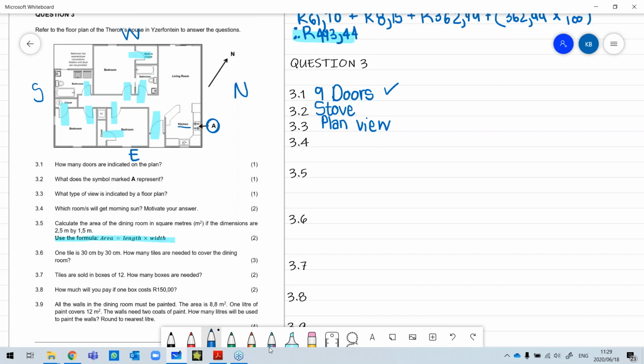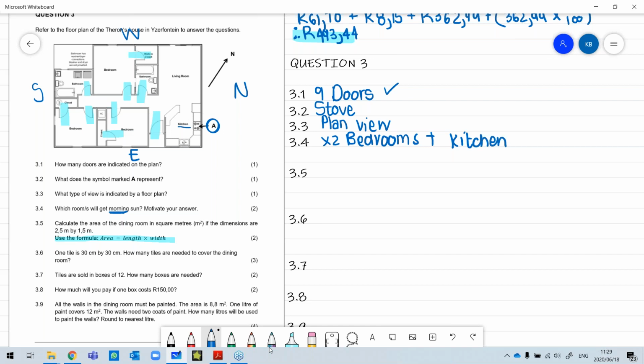Now, extremely important for those of you who did not know, the sun rises in the east and sets in the west. So therefore, the 3 rooms that will have a morning sun are going to be the 2 bedrooms and the kitchen.